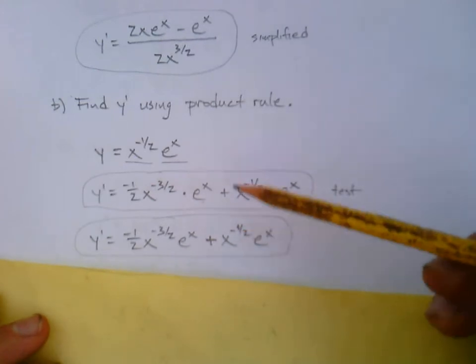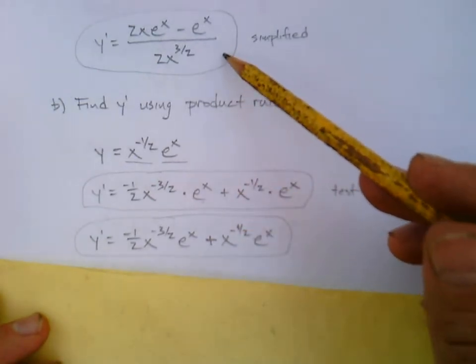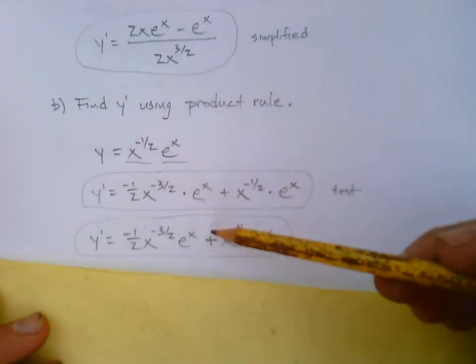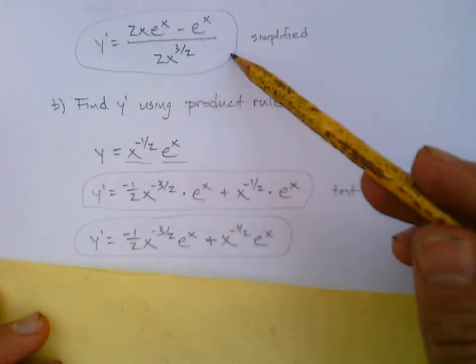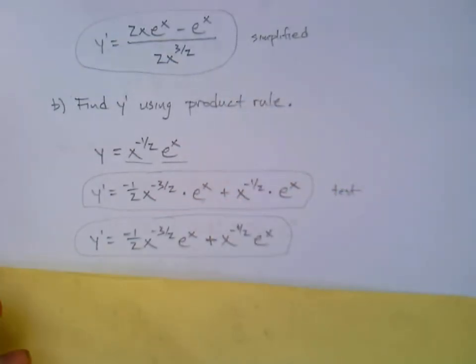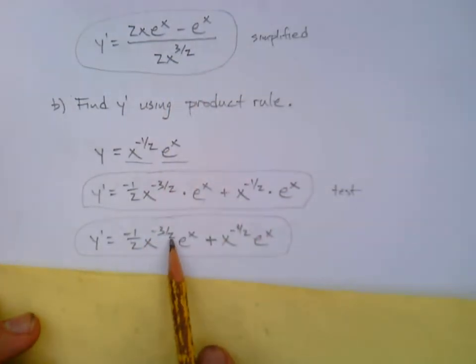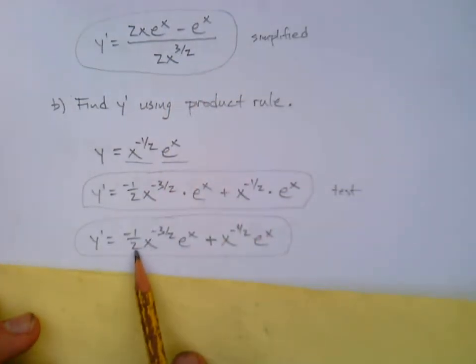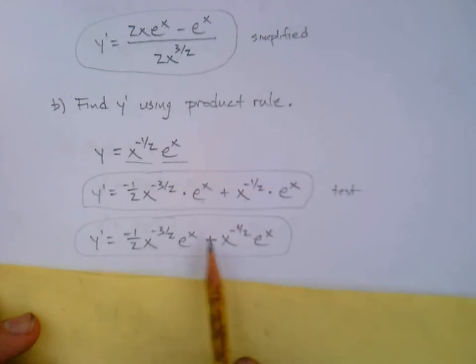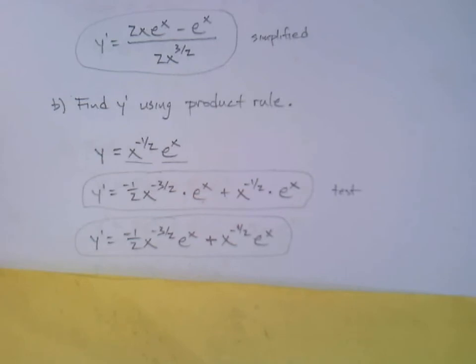Maybe go back and justify to yourself that these really are the same expression for the derivative. We've got the denominator there, x to the 3/2, and you could kind of imagine that tucking under to give you 2x to the 3/2, and you'd have to find a common denominator, and it would work out. Okay, I won't do that here though, but if you want to look into that.